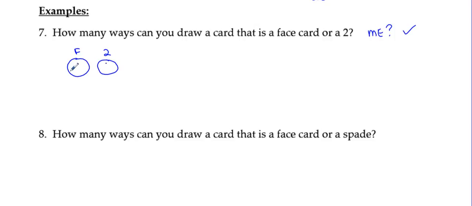In this case, your M is 12 because there are 12 face cards. Your N is 4 because there's 4 2s. So 12 face cards or 4 2s. That makes 16 ways that you could draw a face card or a 2.